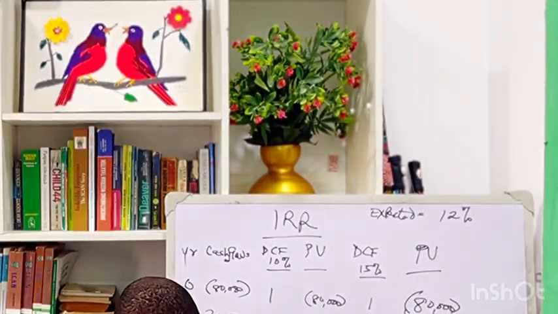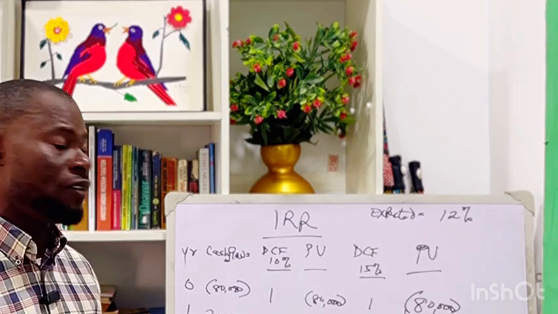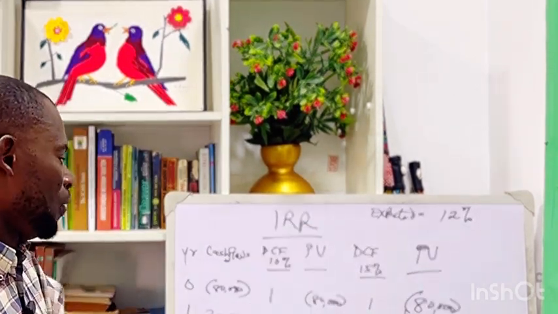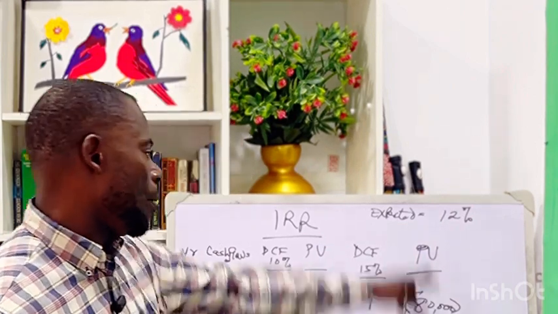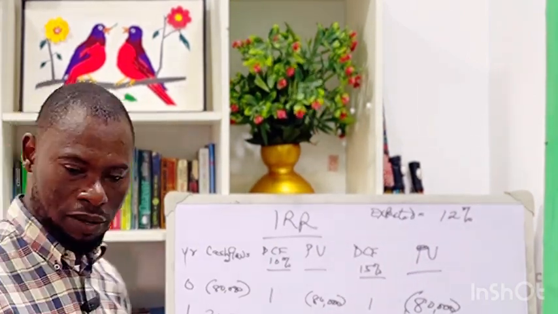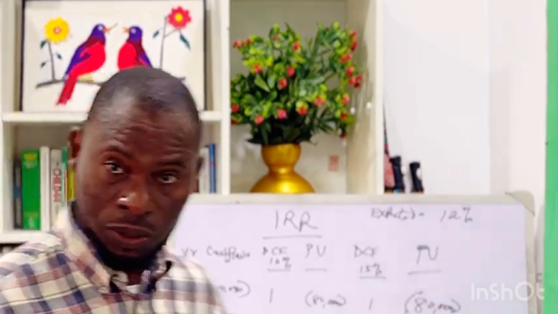So the NPV, that's the net present value, is the summation of your present values. When you add all of this, the best way is to add up so you can get your NPV. This has been done for us so that we don't waste time.